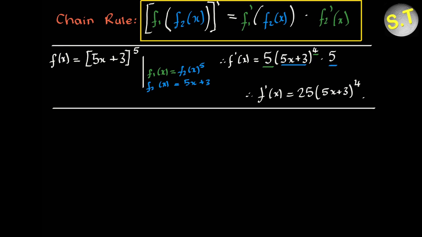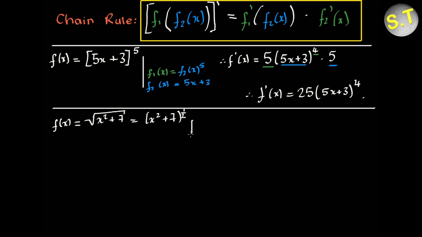If we look at a slightly more complicated example, the case of f of x is equal to the square root of x squared plus 7, which might seem a bit trickier at first, but this is exactly the same thing as x squared plus 7 all to the 1/2 power.